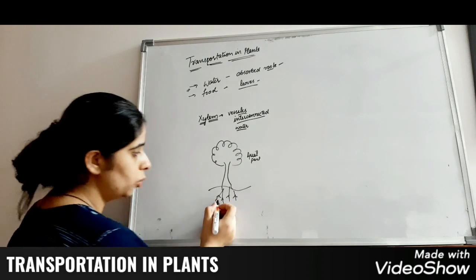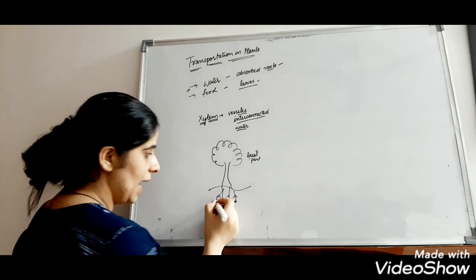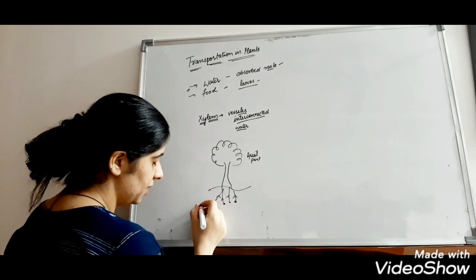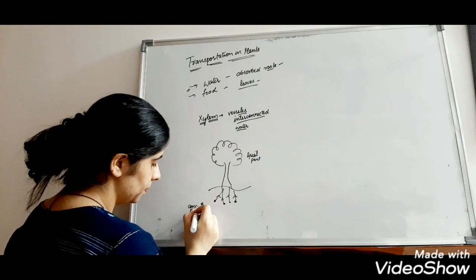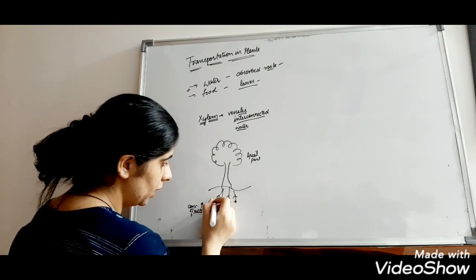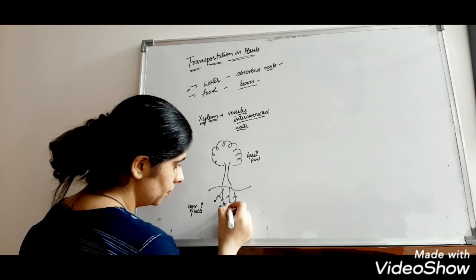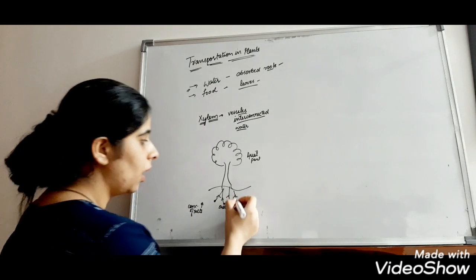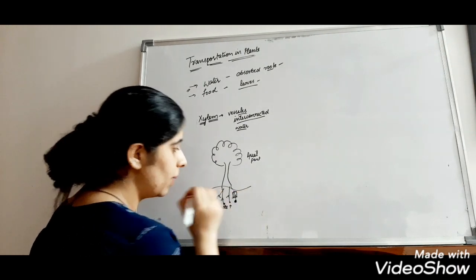What happened? The root tips are in touch with soil, and this soil has a high concentration of salts. The root tip will uptake the salts. Now the root tip will have high concentration as compared to the above part of the root.